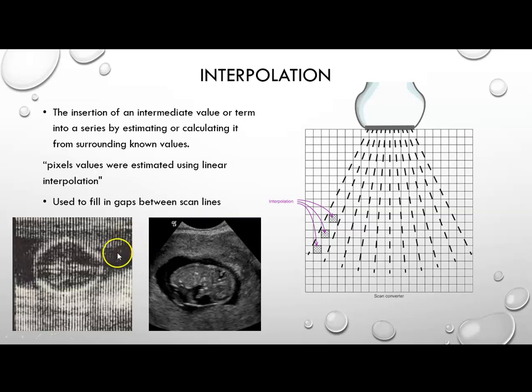And so the picture on the left here uses no interpolation. So if there's information missing, it simply does not place it on the screen. The image on the right uses interpolation, so if there's an area which is missing information, it will average the pixel values around it to fill in that information.